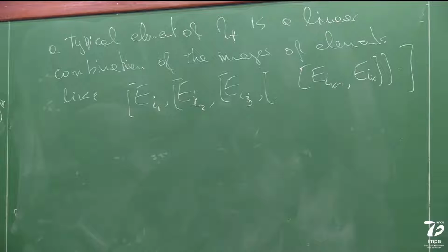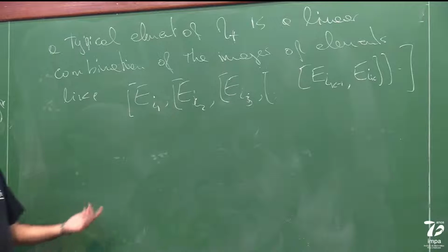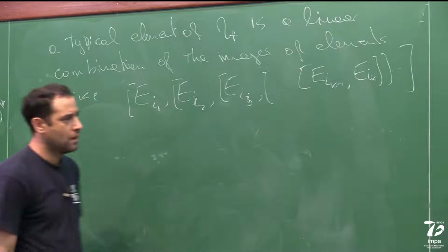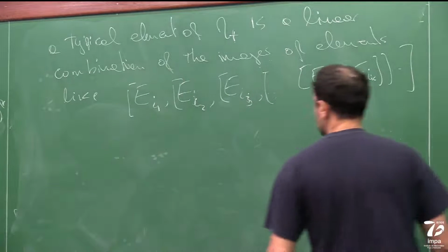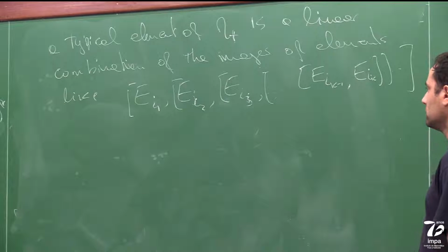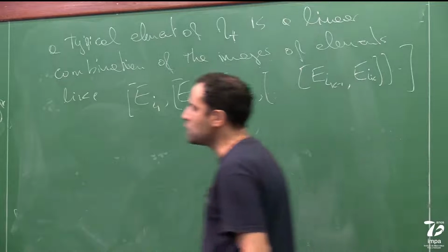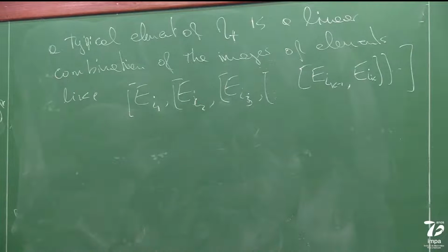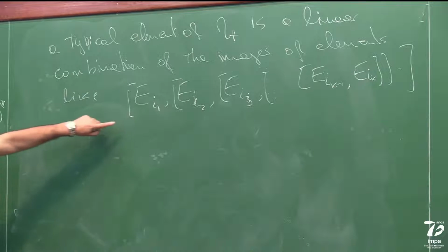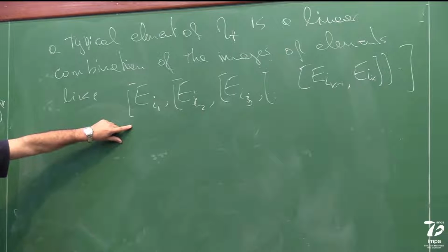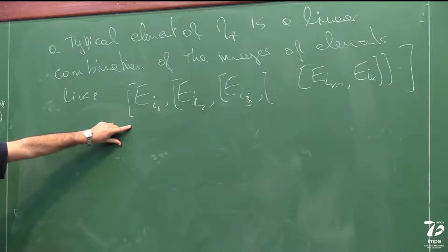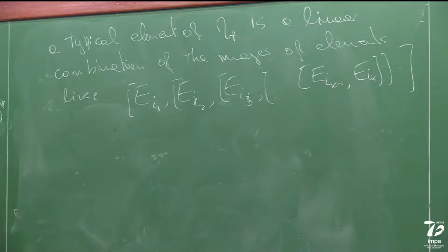Okay? So you take a bunch of brackets of elements from X plus, and you just take linear combinations. So what you need to prove is that there is a way of writing a bracket of two such elements in a unique way to get a Lie algebra, and that's why the free Lie algebra exists.